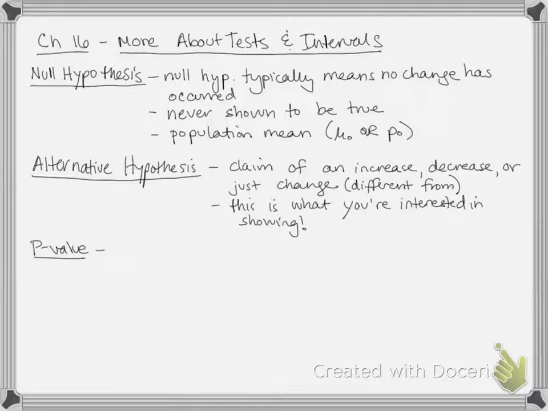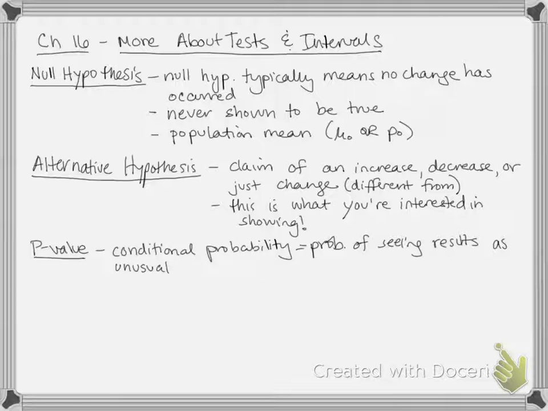So the p-value is actually a conditional probability. It's the probability of seeing results as unusual or atypical as the observed, given H naught is assumed to be true.